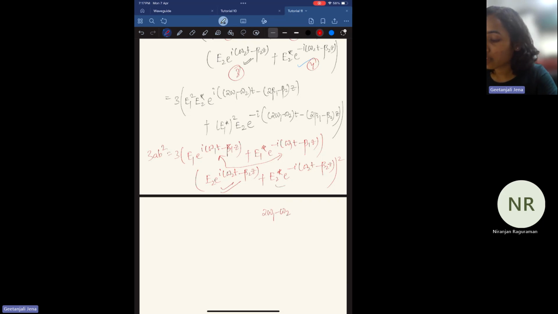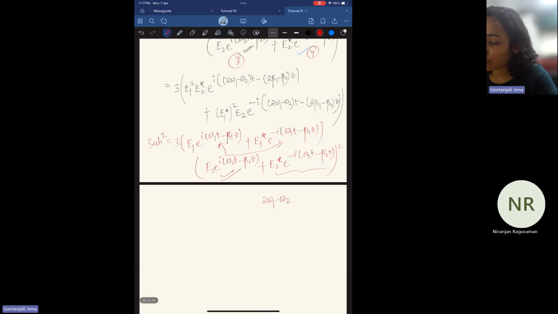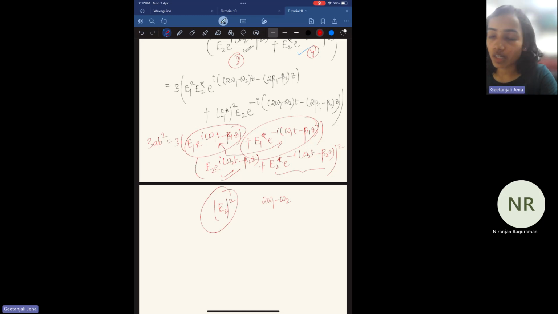Similarly, the second term will give 2 omega 2 minus omega 1, and 2 omega 2 plus omega 1, and 2 omega 2 minus omega 1. And there will be a DC term also, which will have e2 square. But if you multiply e2 square with the first term and the second term, no term will give 2 omega 1 minus omega 2. So this will give omega 1 only.